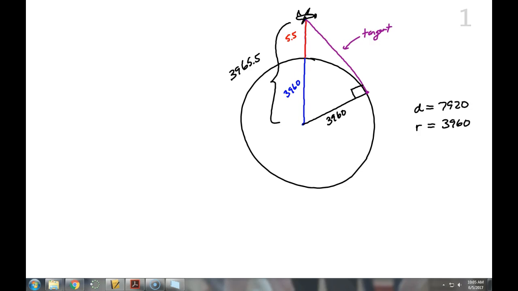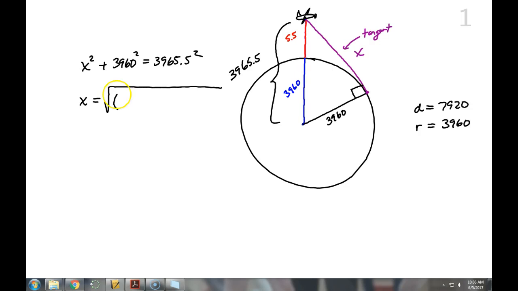And I should be able to bust out the tangent line. I'm going to call the tangent line X. I could set up a little Pythagorean Theorem issue going. So let's do this. X squared plus 3960 squared equals 3965.5 squared. And again, I'm just going to go ahead and do this all in one big old swoop. 3965.5 squared, take away 3960 squared.